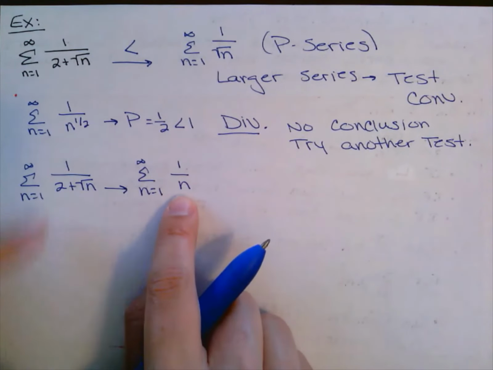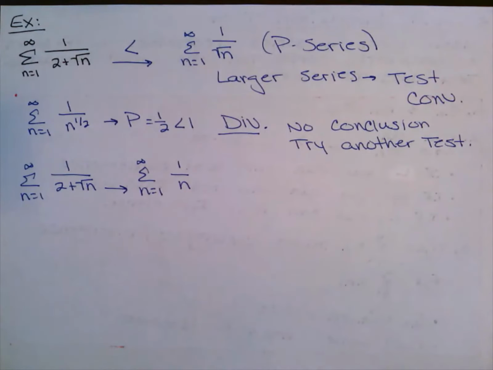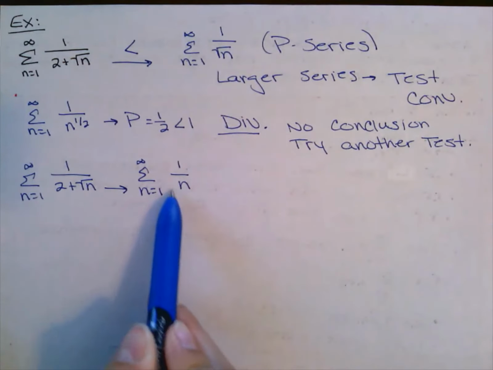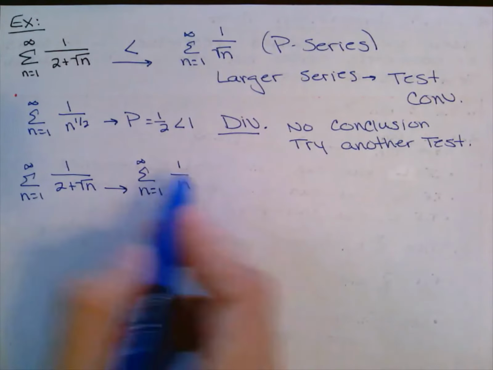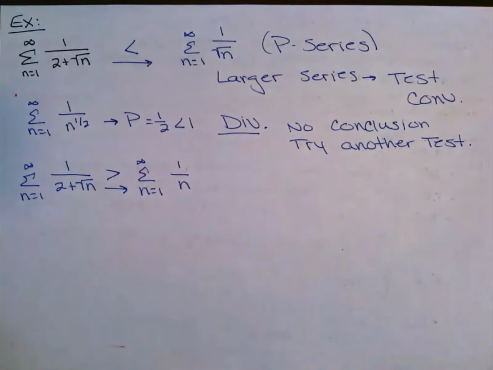1 over 25, or 1 over square root of 25, which is 5, plus 2, which is 7, okay? I'm obviously going to end up getting bigger denominators over here on the right side, which means that this one on the right is going to be a smaller number, okay?